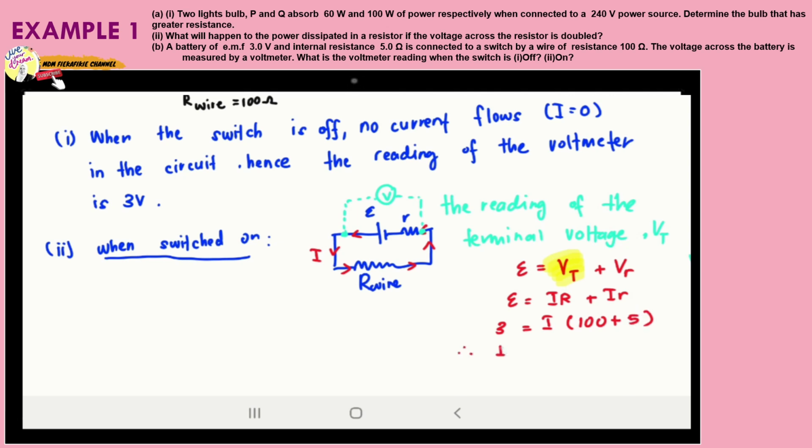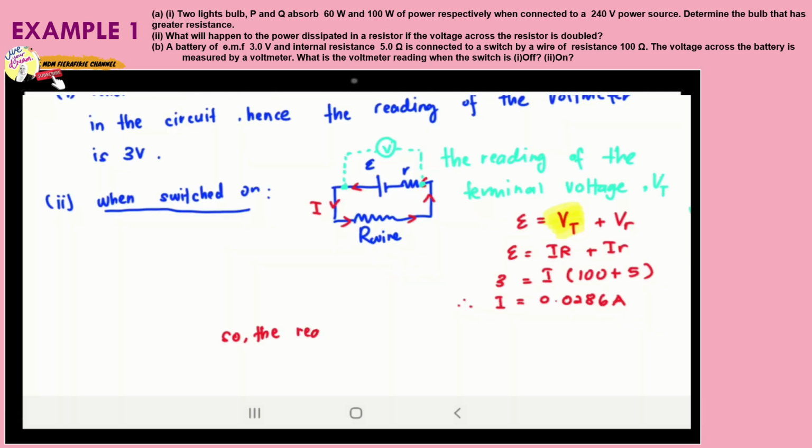Therefore, I is equal to 0.0286 ampere. This is the amount of current that flows in the circuit. So the reading of the voltmeter is equal to the terminal voltage, Vt.